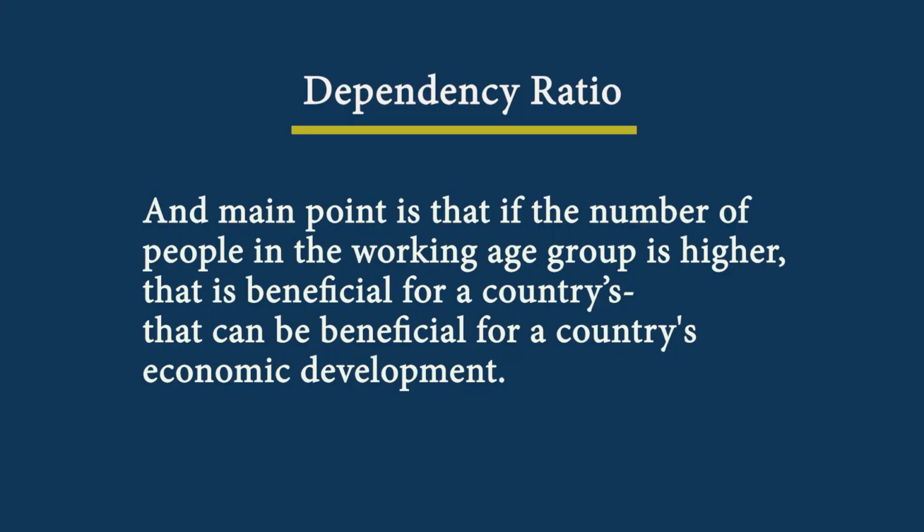And if it is lower than 100%, it typically means that the number of people in the dependent population groups is lower than the number of people in the working age group. The main point is that if the number of people in the working age group is higher, that can be beneficial for a country's economic development.